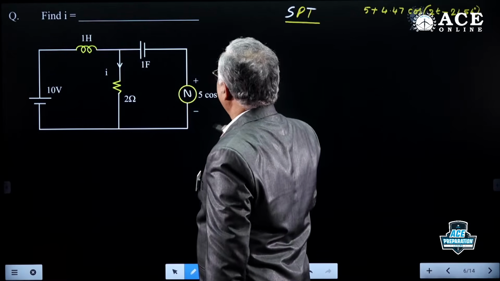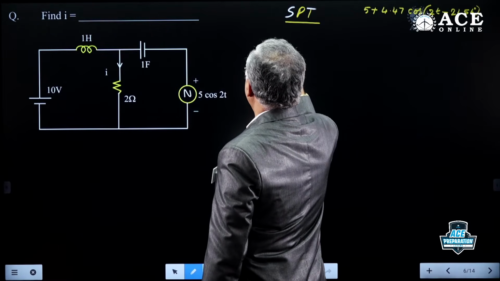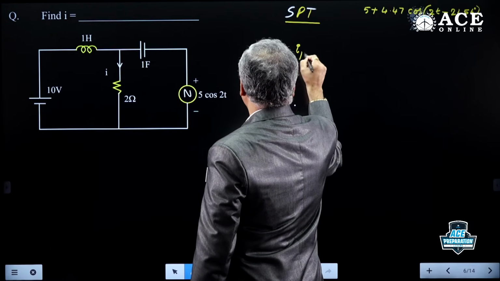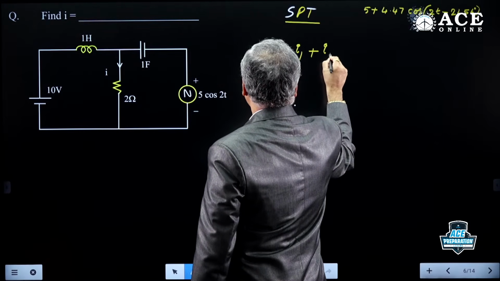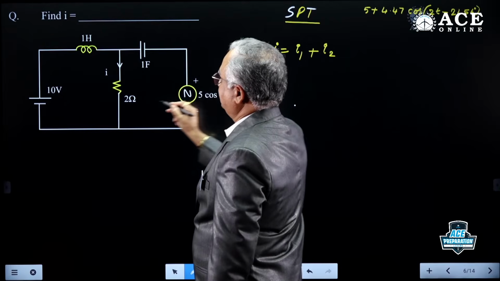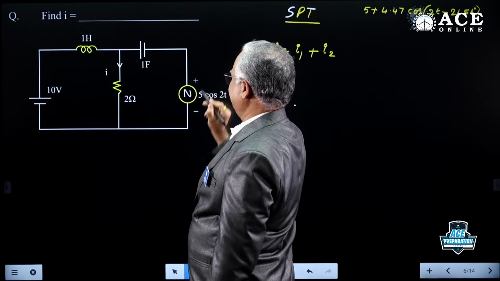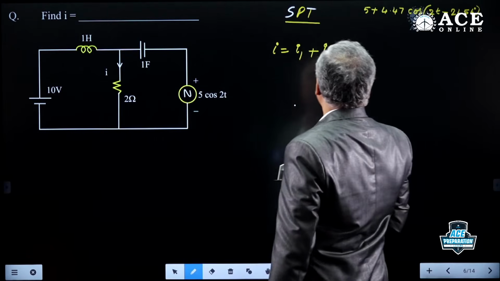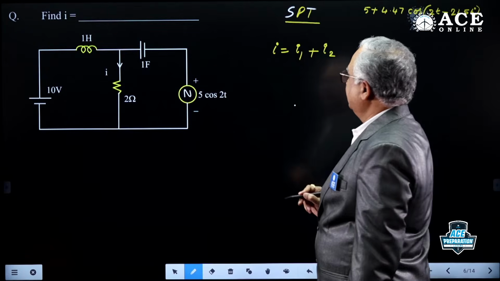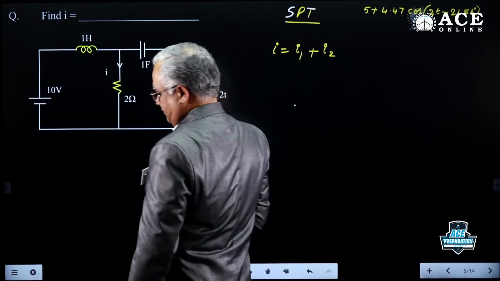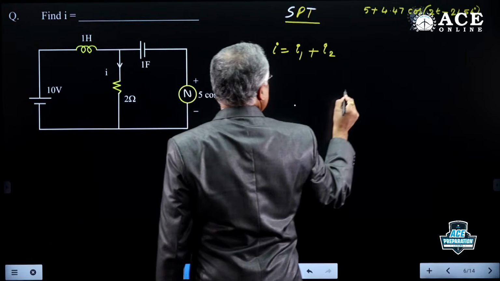So using that, what is the technique? I is equal to I1 plus I2. I1 with only the DC source, I2 with only the AC source, then add both, and you will get the answer. But with the DC, what is the inductor behavior?